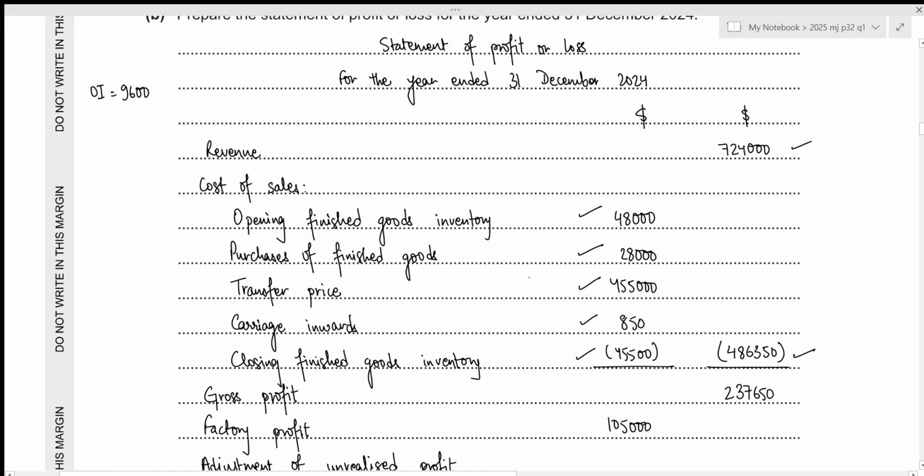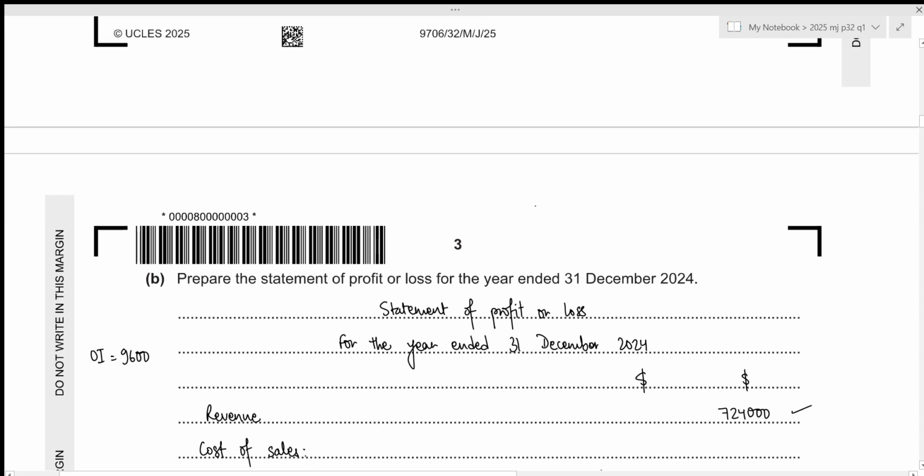And for the closing inventory, we can see right here, 45,500 is our transfer price. Transfer price includes the cost as well as the profit. And the rate of profit in this case was 30%. So, 100% is the cost and 30% is our profit. So it means that 130% of a value will be the transfer price, 45,500.